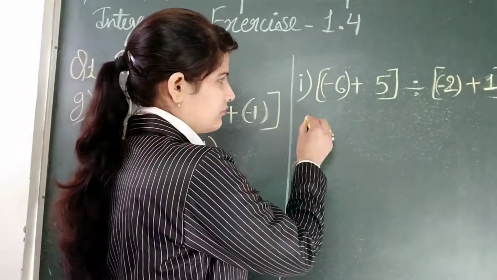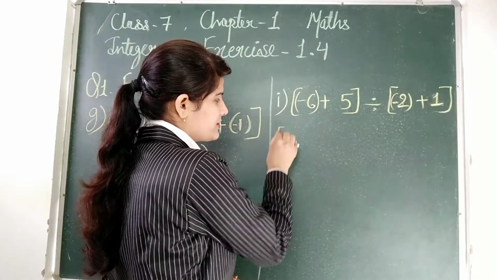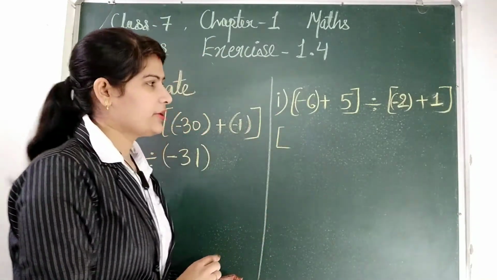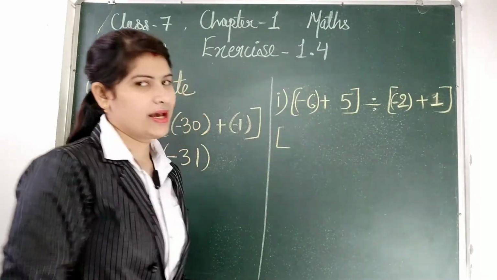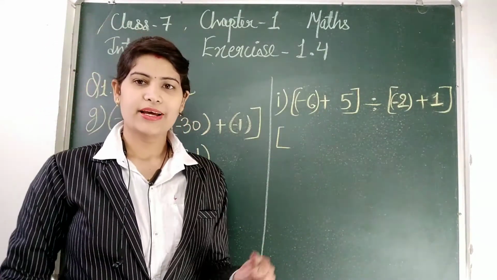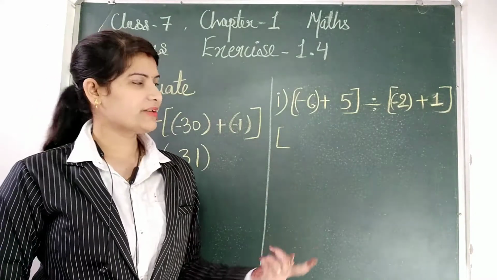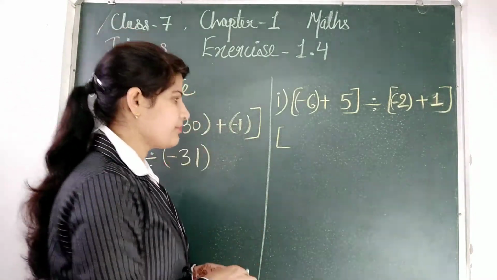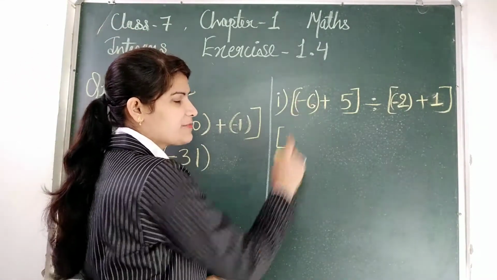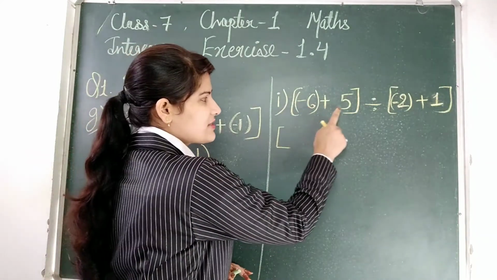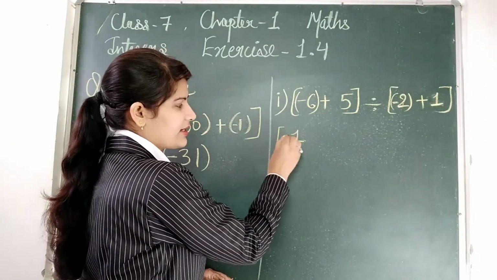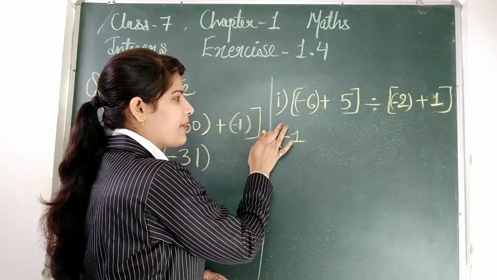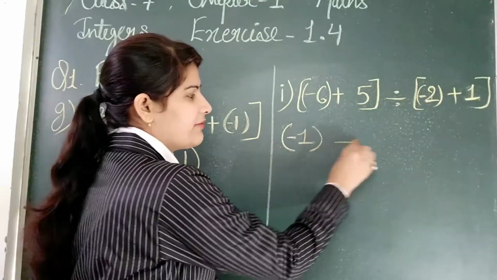Now here is I part. Look at I part, question number 1. Minus 6, minus and plus. If we solve a negative number with a positive number, what do we have to do? Simple, minus, because minus plus is minus. So 6 minus 5 is 1 and the greater sign is there, that means minus 1.